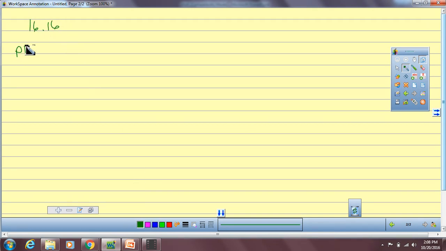We know that pH is 10.5. So we can find a pOH by saying 14 minus the pH. So 14 minus 10.5 gives us a pOH of 3.5.